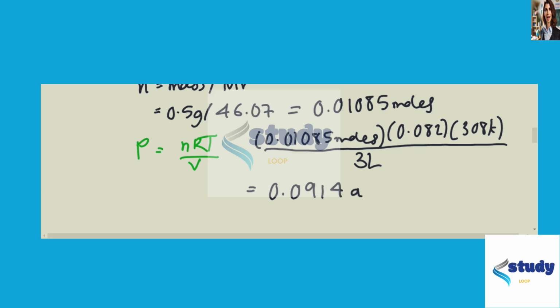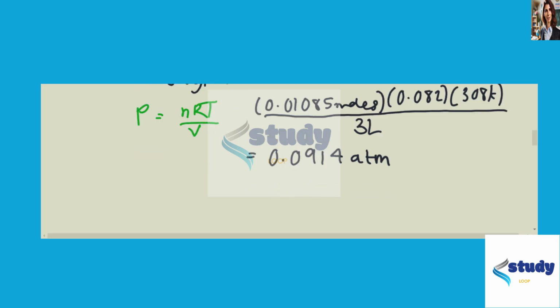But we're still not done because we have to calculate the total pressure, so we have to add the pressure of nitrogen, water, and ethanol all together. We know that the pressure for nitrogen that we calculated before is 1/3, and then we add it with the pressure of H2O, which was 0.053.